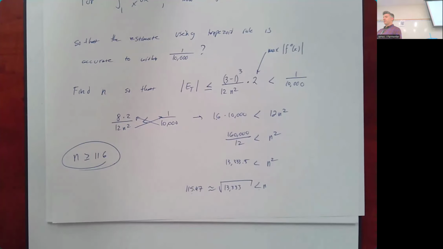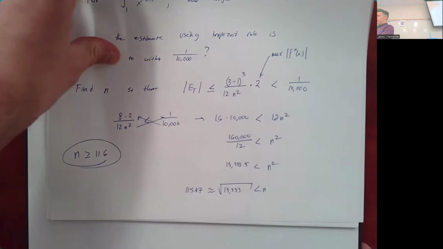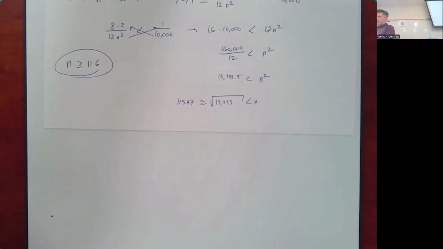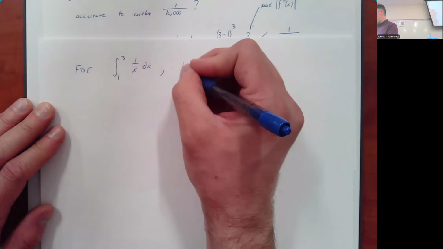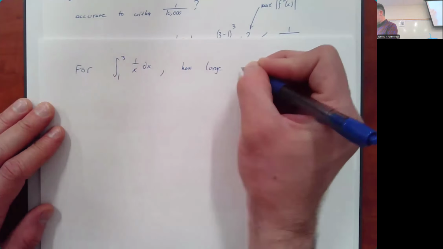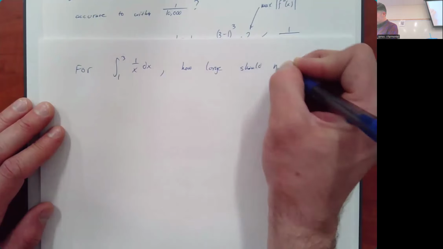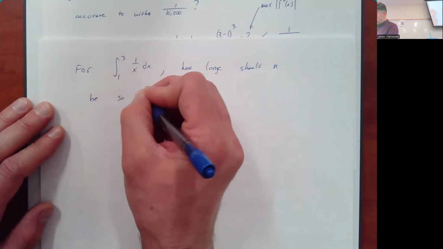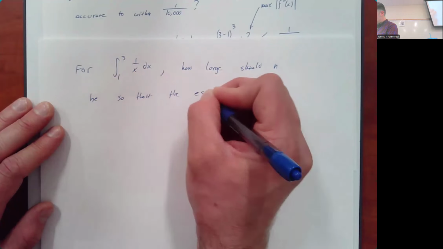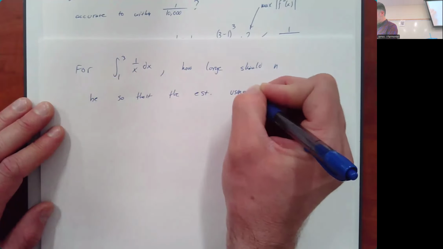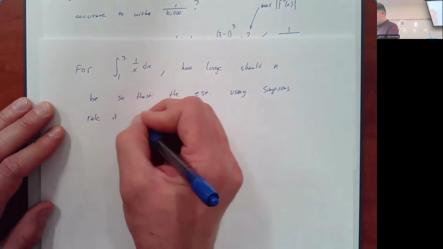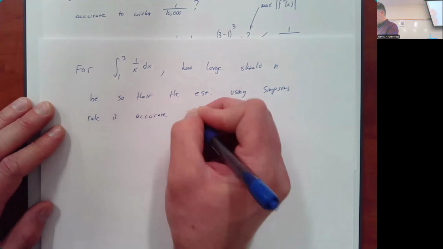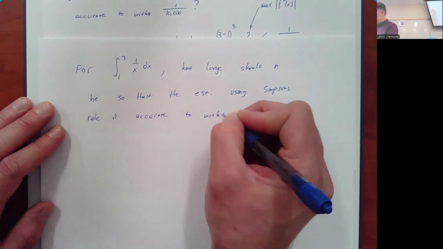We're going to do it again for Simpson's rule because something extra wonky happens with Simpson's rule. So same question for the integral from 1 to 3 of 1 over x dx. Now how large should n be so that the estimate using Simpson's rule is accurate to within the same threshold, 1/10,000?